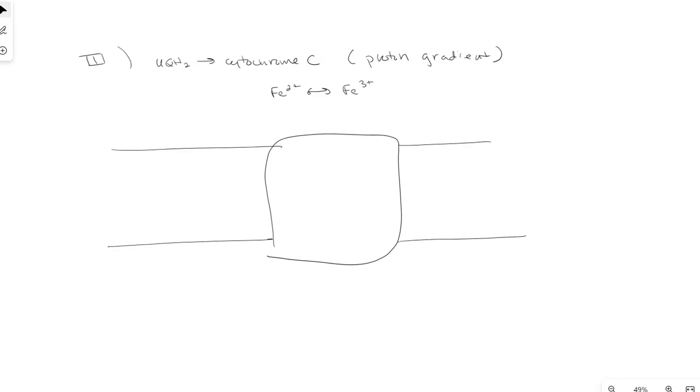if we have complex 3 protein inserted into a membrane, we'll have this pool of ubiquinone.